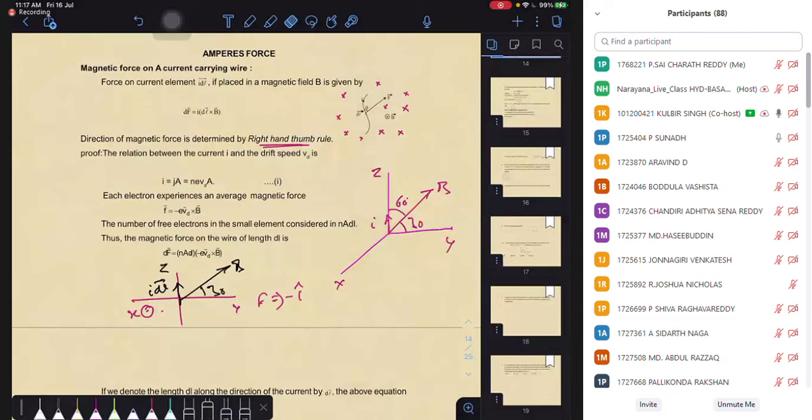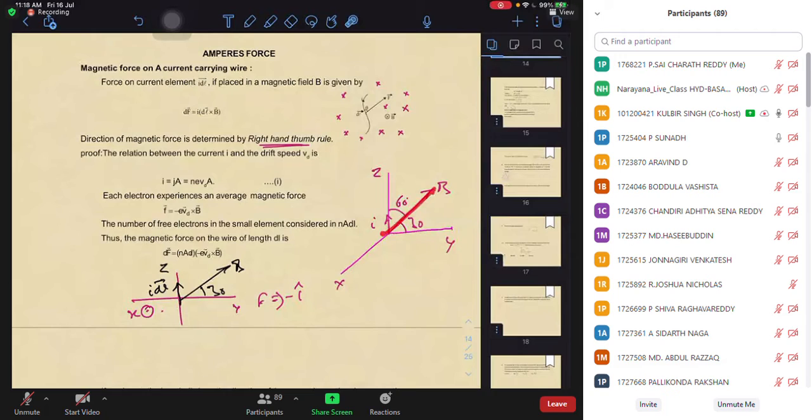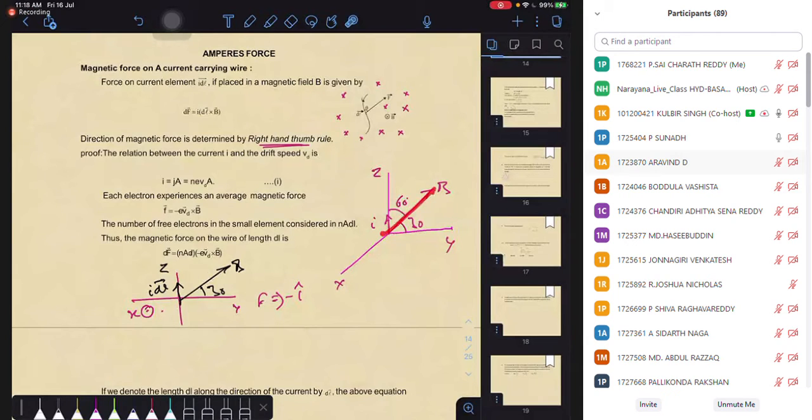In this 3D picture, y-axis, z-axis. So in this 3D picture, I have given you current along the Z, and the B is making an angle of 30. And this magnetic field vector lies in your YZ plane.